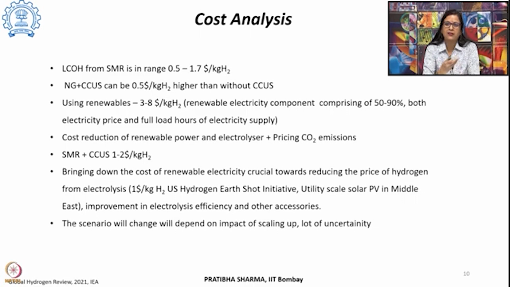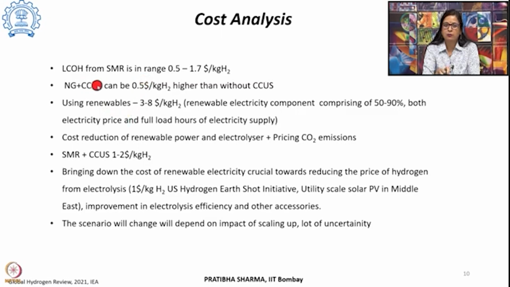So, a price associated with carbon dioxide emissions will also reduce this gap between fossil fuel based production and renewable based production. For example, if $100 per ton of carbon dioxide cost is added for the carbon dioxide released in the environment, then the cost of production from natural gas will increase by $0.9 per kg. So, this is one more method by which the gap between the two prices can be reduced.